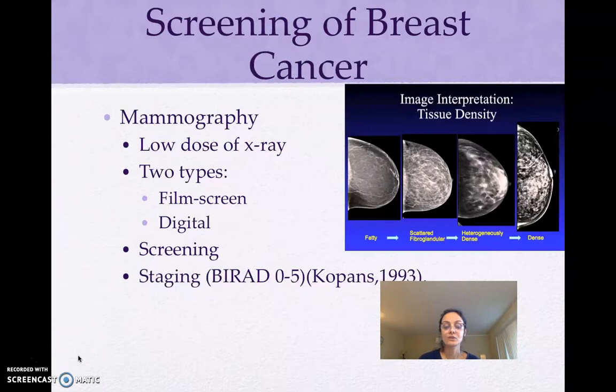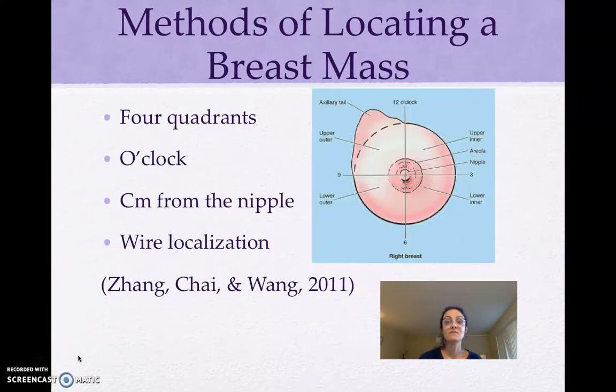But in order to confirm the location of the mass, they use some methods of locating breast mass. So there are three types of locating breast mass. First is 4 quadrants, which is breast is divided to 4 quadrants, and they are called upper inner, upper outer, and lower inner and lower outer.